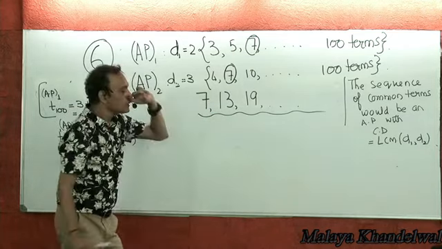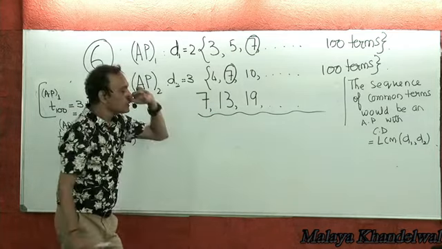And this cannot exceed 201 if it's a common term. If Tn is the last common term, then it cannot exceed 201, because 201 is the last term of the first AP, 301 is the last term of the second AP. So all common terms would have to be confined to 201.